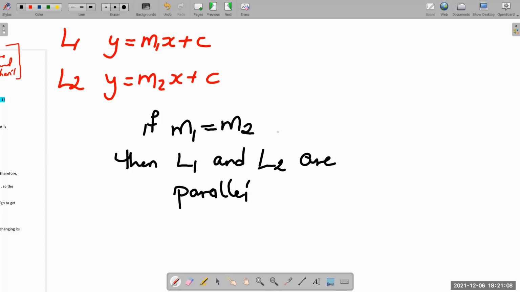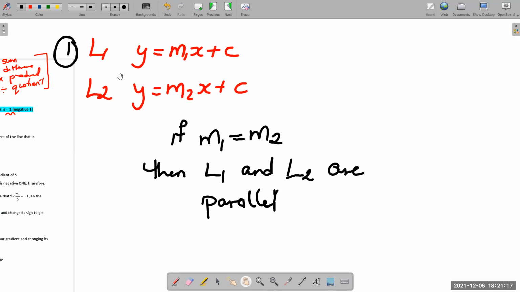I need everybody to copy down these quick notes. This is the first piece of information. If you have two lines and the first line has this equation and the second line has this equation, if m1 is equal to m2, these two lines are parallel.